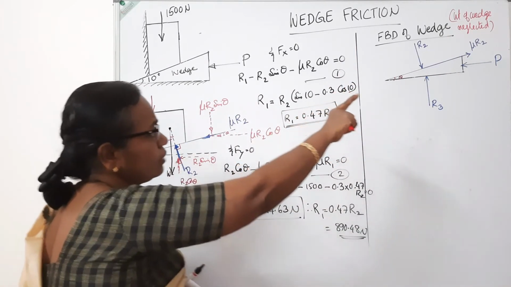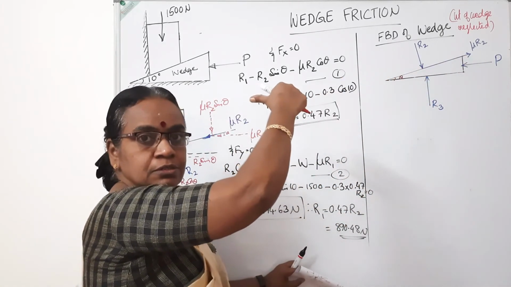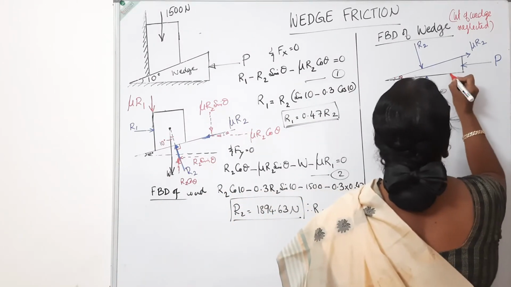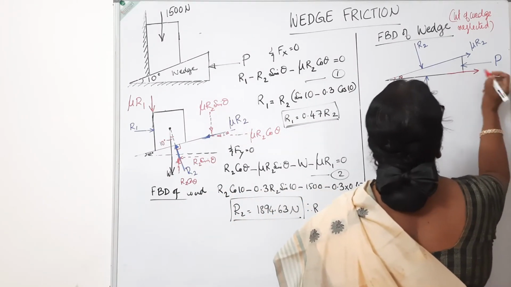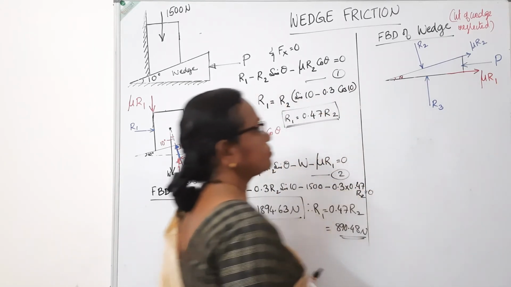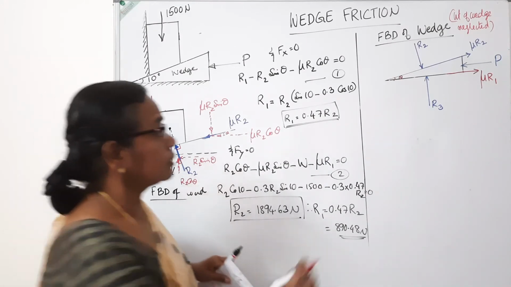Now the force P is applied in this direction, so the wedge has a tendency to move towards left. So the frictional force here will be mu R3, where this is R3.